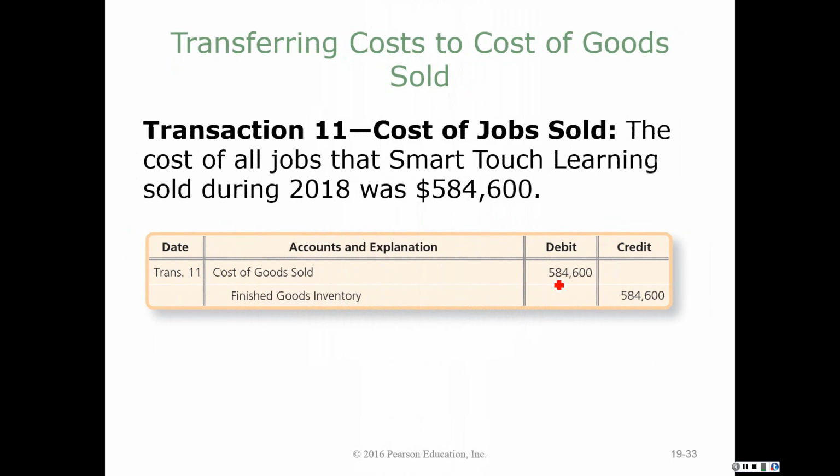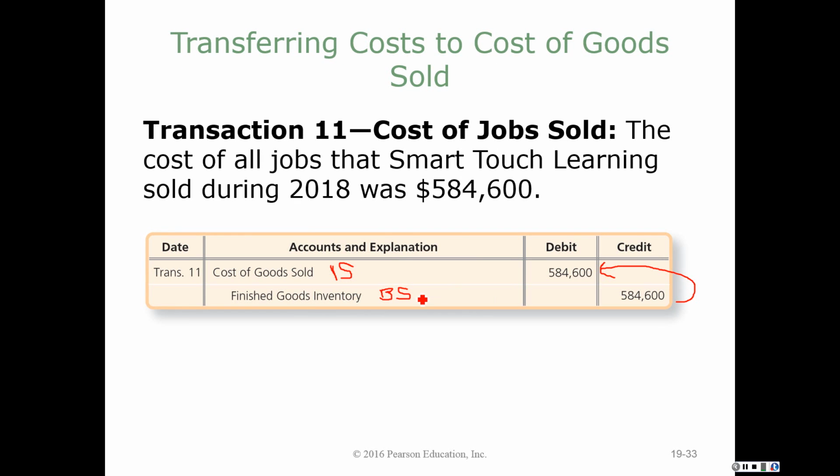But we need to get the inventory that we have sold out of finished goods inventory and into cost of goods sold. All right, so remember, we are moving it off of the balance sheet, and we are moving it onto the income statement.